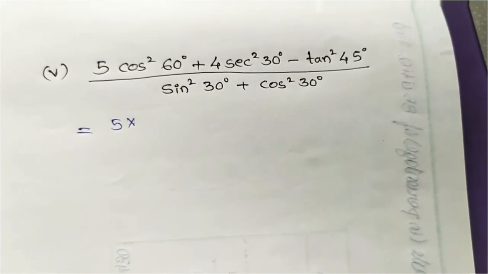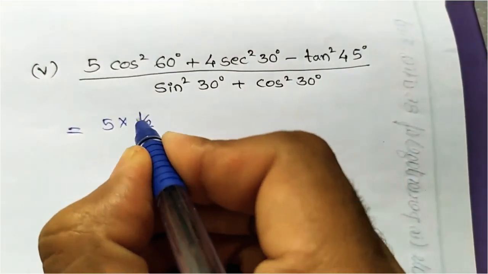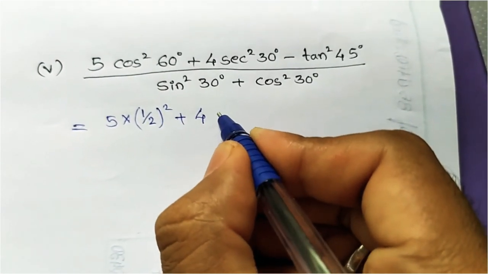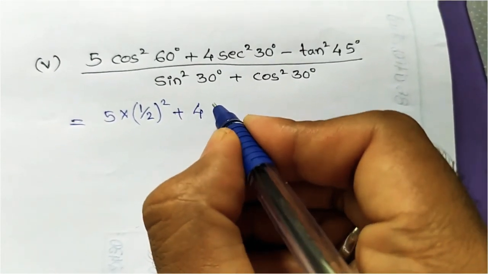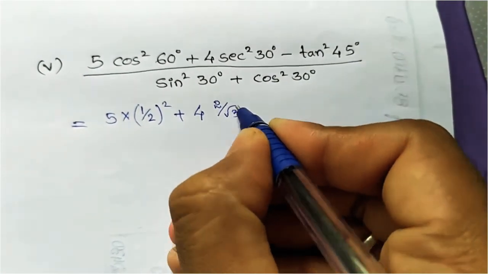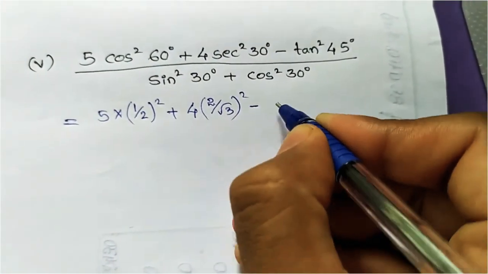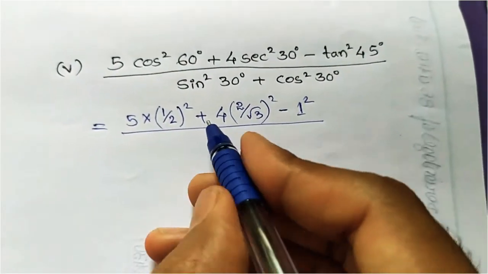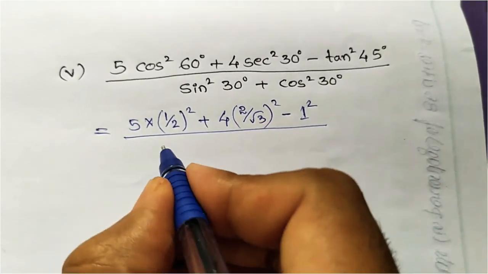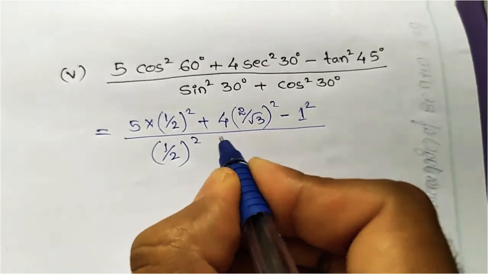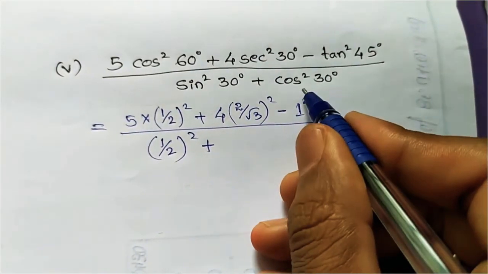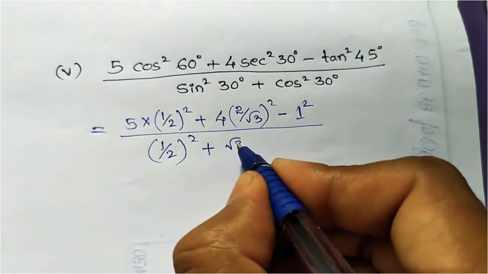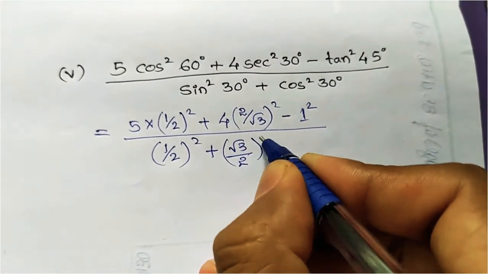Cos 60 will be 1 by 2 whole square, plus 4 into sec square 30, that is 2 by root 3 whole square, minus tan 45 that is 1 square, whole divided by sin square 30. So sin 30 is 1 by 2 whole square, plus cos square 30. So cos square 30 is root 3 by 2 whole square.